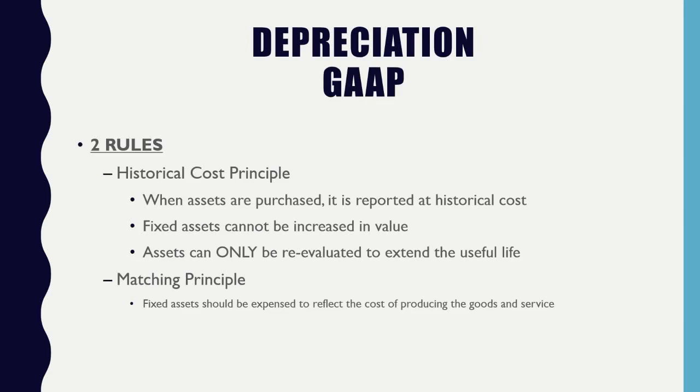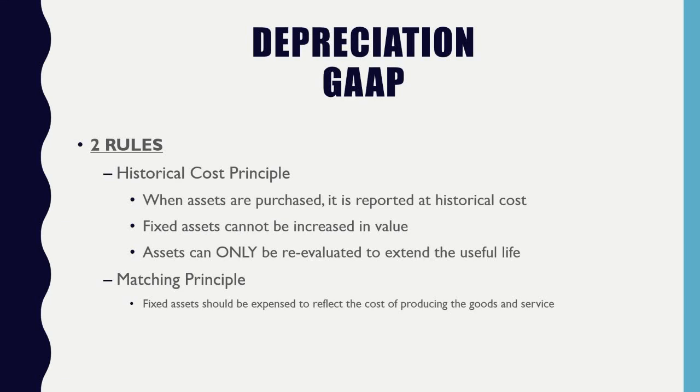Okay. So let's go ahead and talk about what defines depreciation. We talked about GAAP, and there are two rules that govern this. And again, we talked about historical cost. We learned that when you acquire any fixed asset, you report it at the moment you purchased it, at historical cost or at current fair market value.